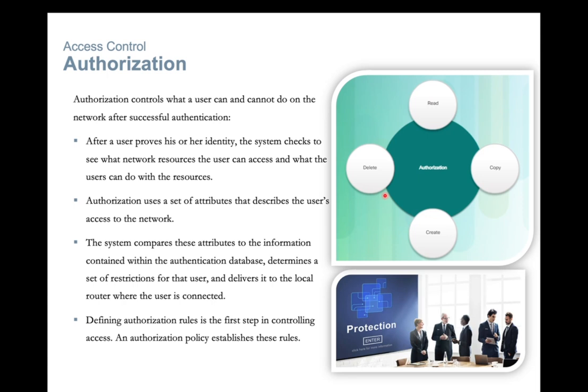An authority level policy defines access permissions based on an employee's standing within the organization. For example, only senior level employees in an IT department may access the server room. So that is how authorization is controlled, by defining the authorization rules as the first step in controlling access.